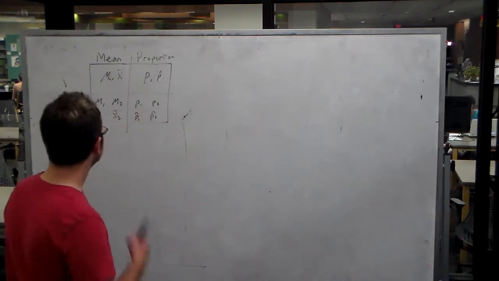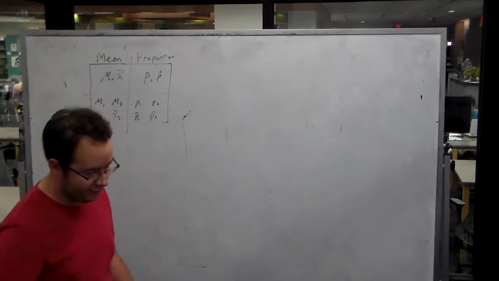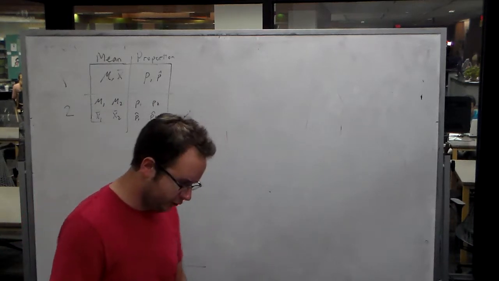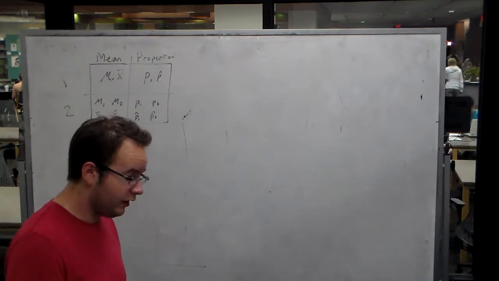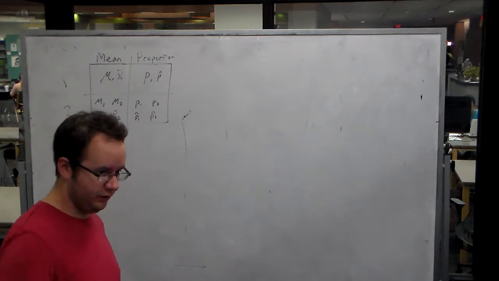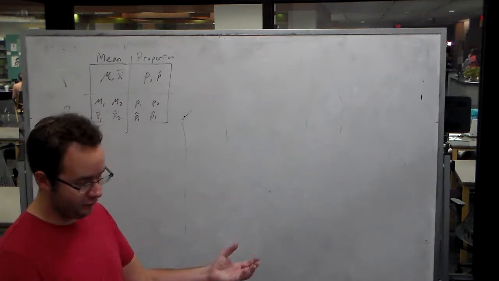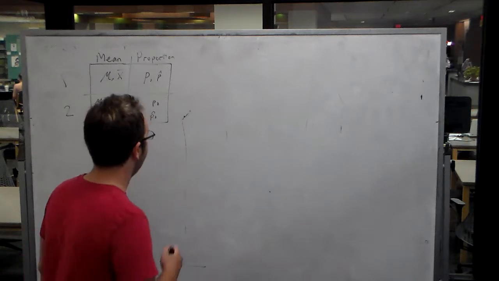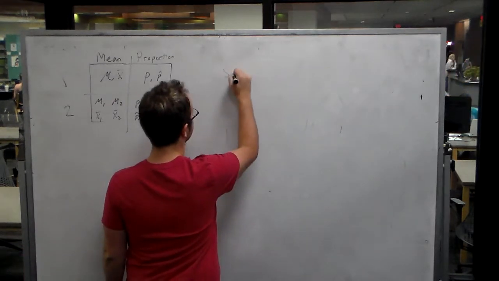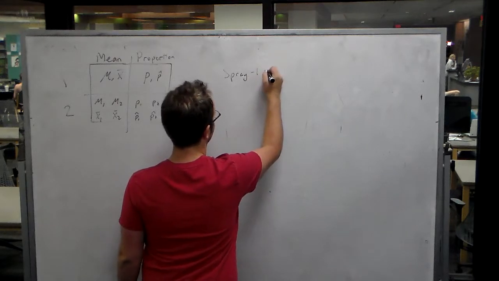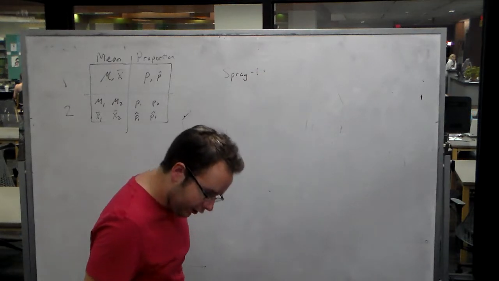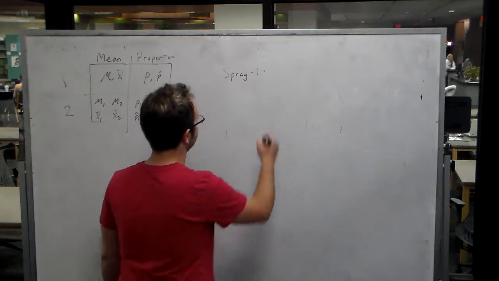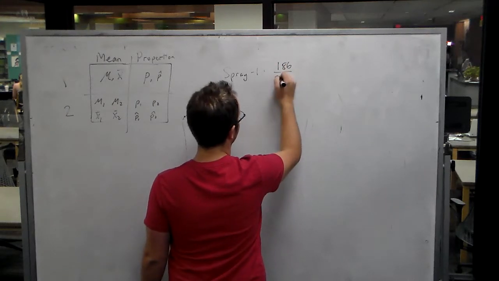Okay, so you're going to have to identify scenarios based on some keywords here. We're talking about trees that are insect-free versus not insect-free. So that's binary data. It's either insect-free or it's not, a yes or no question. For spray 1, we had 186 trees that were insect-free out of 200.